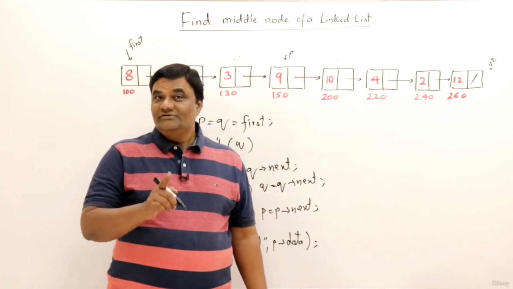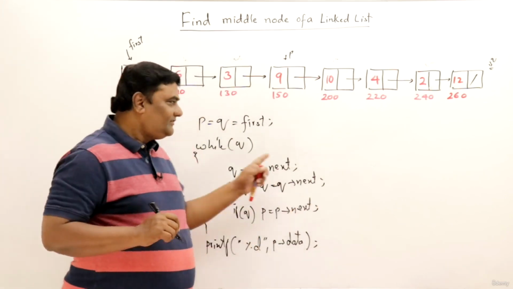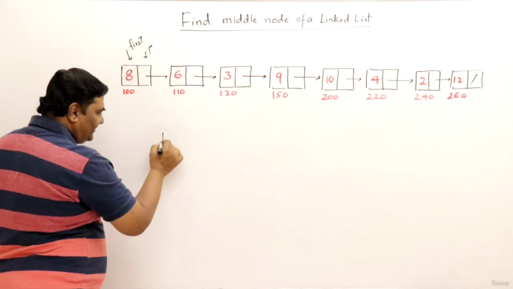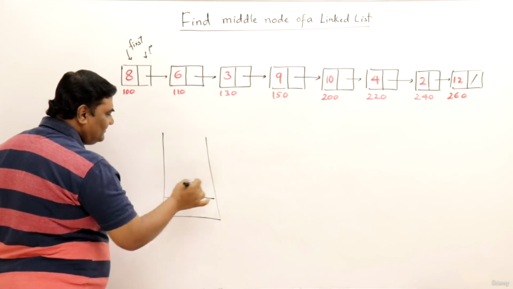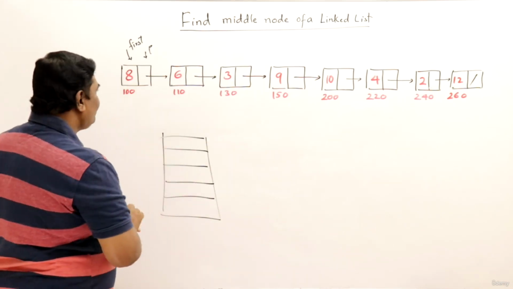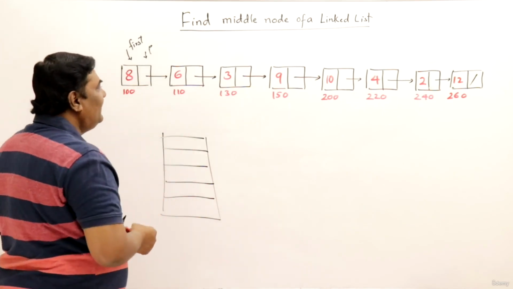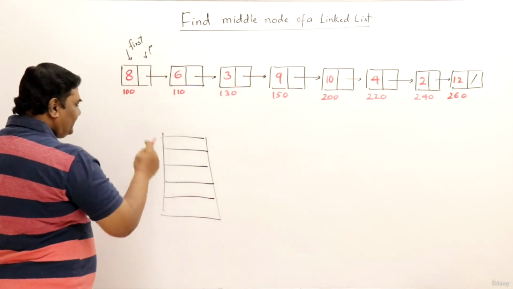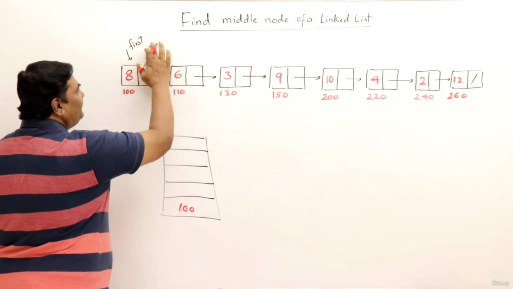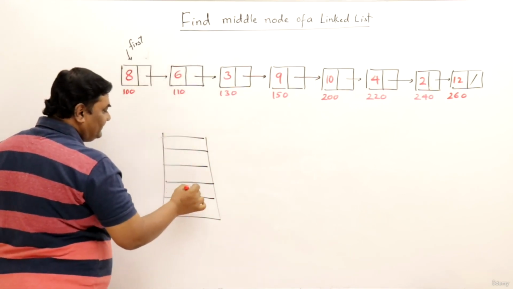I'll show one more method using a stack. I'll remove this. Now the third method: I will take a pointer P on the first node and I will take a stack. Now I will scan through this linked list, and each node I will put inside the stack. So I will put the address of a node, that is 100. Then P will move to the next node, so 110.